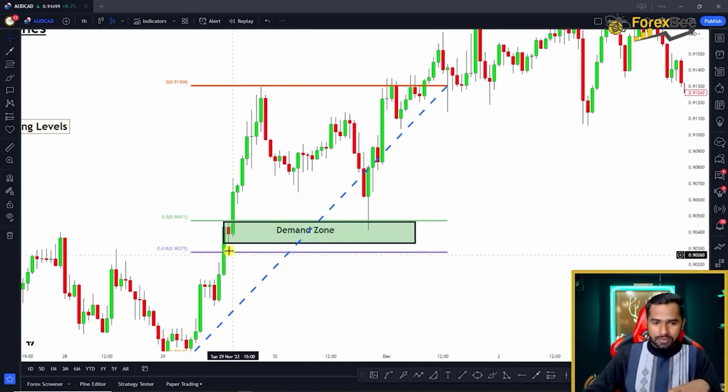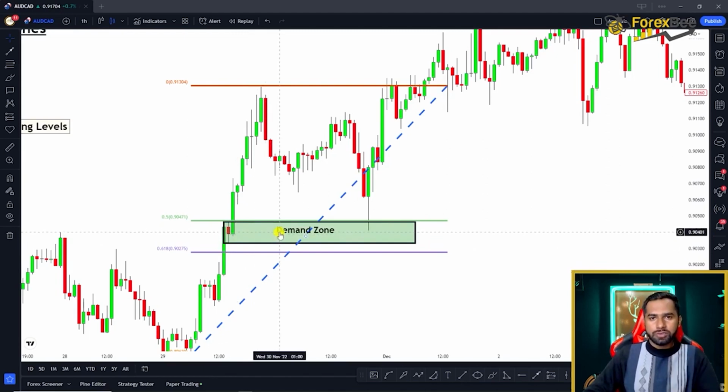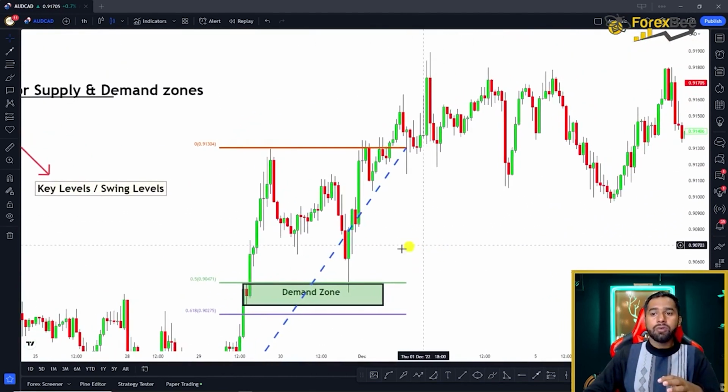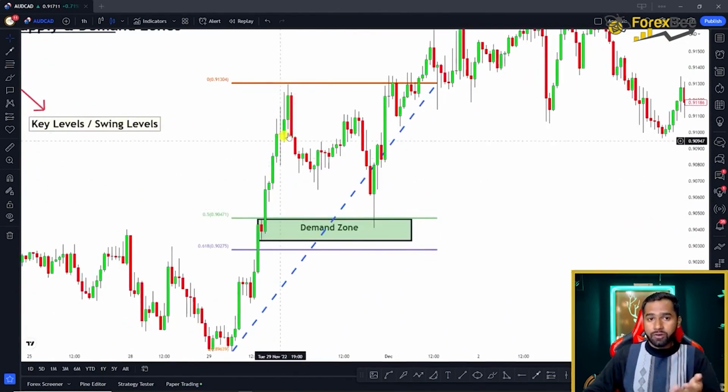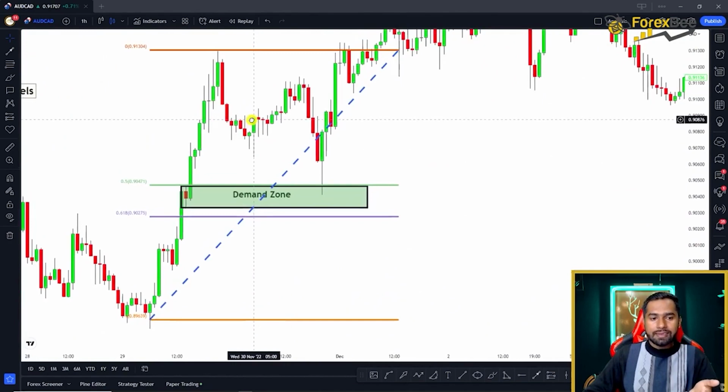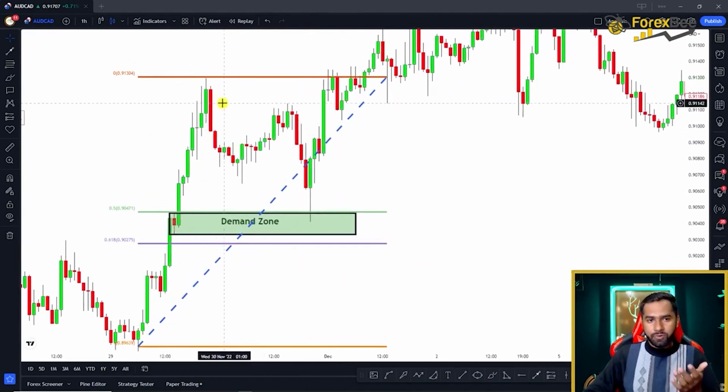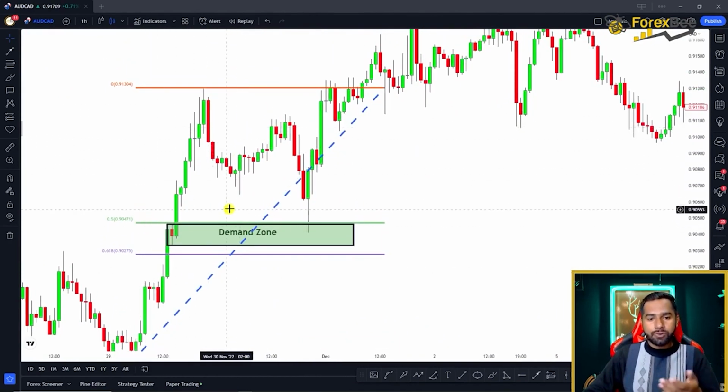The demand zone tells us that after its formation, there will be a lot of pending buy orders placed by the institutions, and the market will come back in order to pick up the pending orders and then move in the bullish direction. And what does the Fibonacci retracement tool say? It says that after this big bullish move, the market will retrace back towards this golden zone, and after that, it will move in the upward direction.